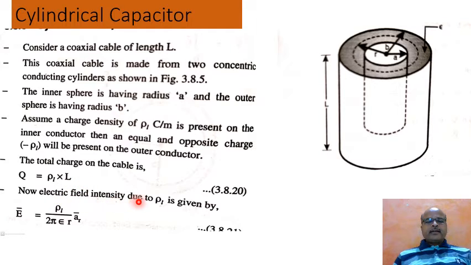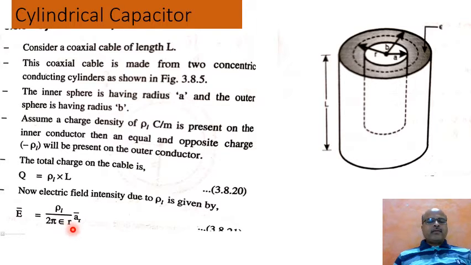Now, the electric field intensity due to rho L: we have derived this expression in the first chapter, the electric field intensity due to an infinite line charge, which is given by E bar equal to rho L upon 2 pi epsilon R, a R cap.